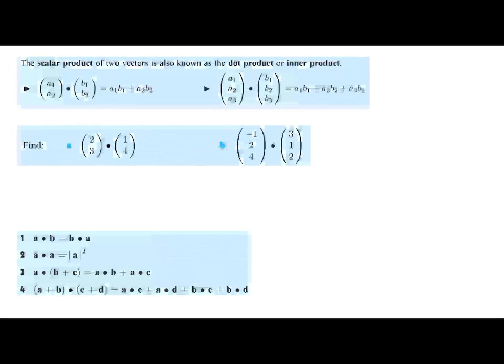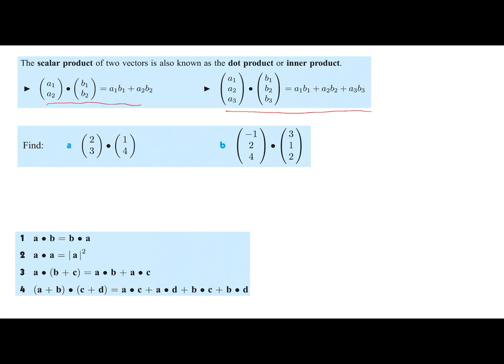First thing we need to know is we can find what is known as the dot product of two vectors. It's a way of multiplying two vectors together, and the result that you get is just a number. It's a scalar, just a value.